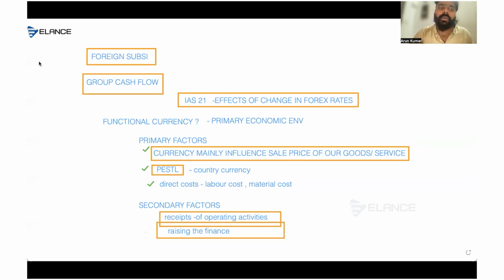Okay. So once you identify the functional currency, now we have to translate these amounts, which are in the functional currency, to the parent company's home currency. So that's how we have to do it through the workings. This is the working that you have to perform.